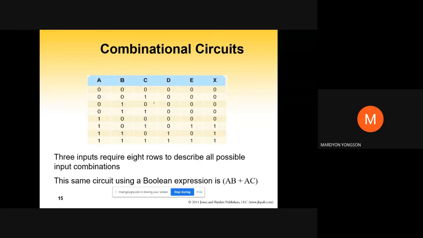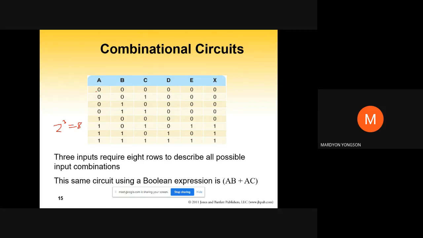So this is the truth table of the combinational circuit. As you can see, we have 3 inputs, which require 8 rows to describe all possible input combinations. Kaya siya 8 rows, di ba? Kasi 2 cubed. So 2 cubed is 8. Since tatlo yung inputs niya, 2 cubed equals 8 possible input combinations.